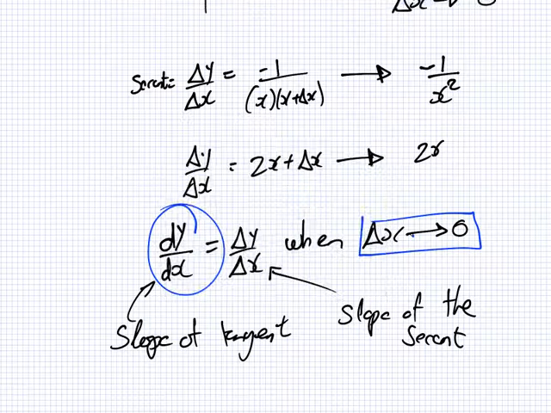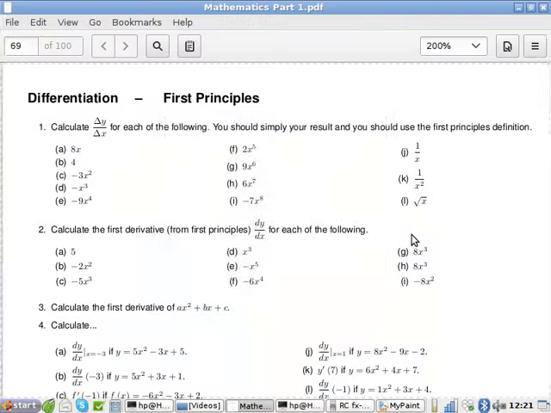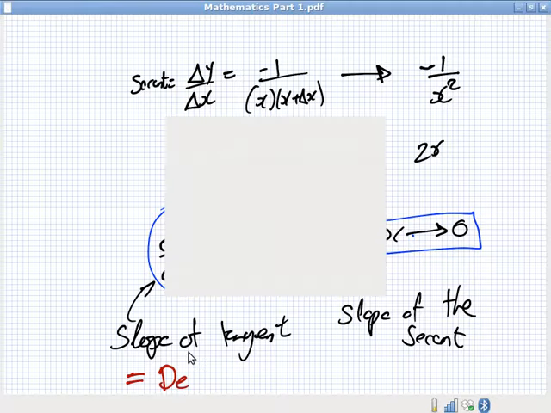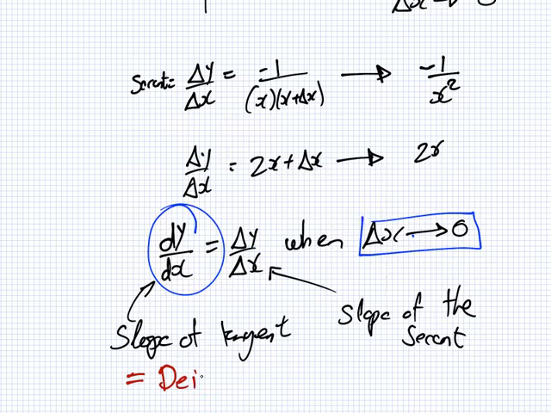I just want to check a little bit of vocabulary. So this slope of the tangent has a special name. The slope of the tangent is also called the... Derivative, yes.